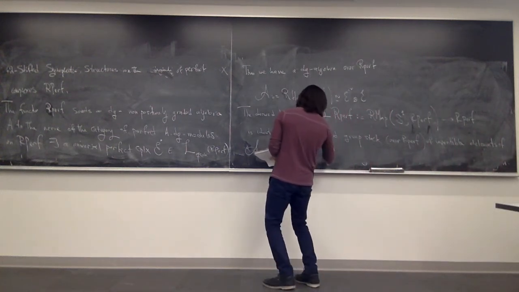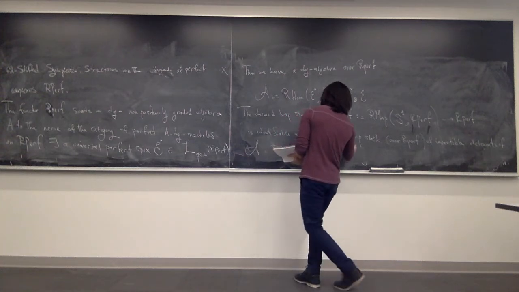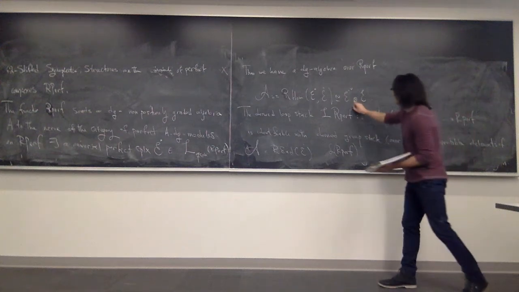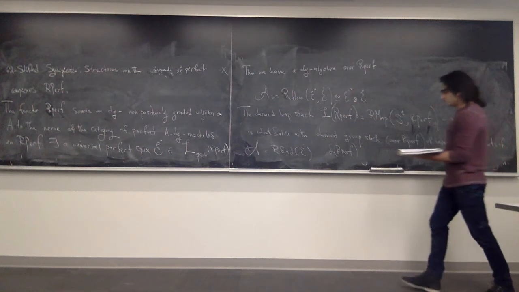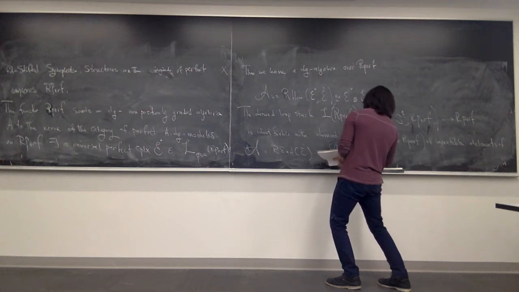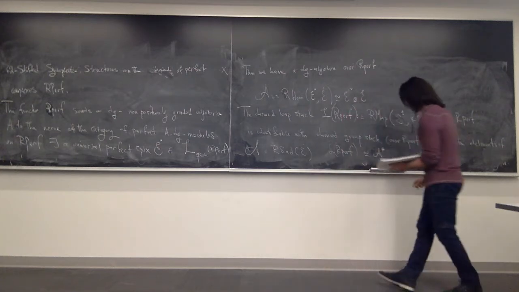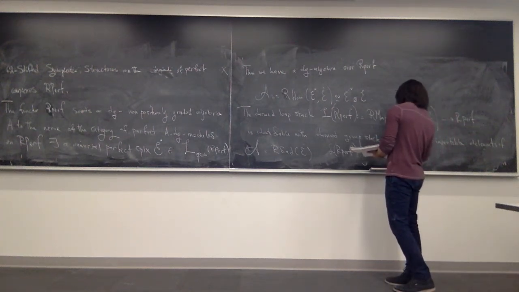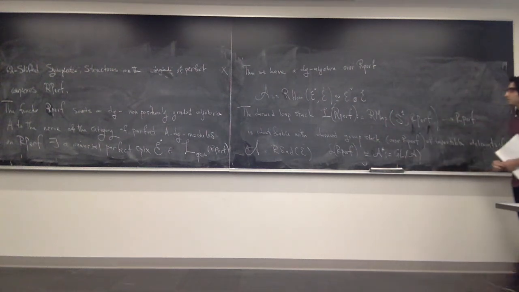So basically, the derived loop stack of R Perf is something these people, PTVV, call A upper star, and that is the invertible elements inside here.